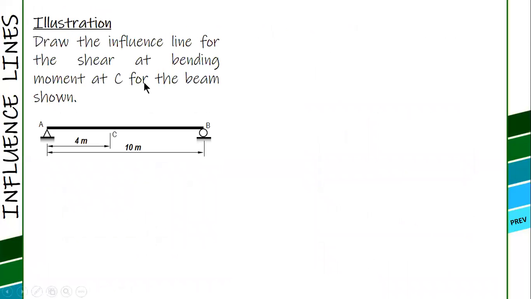Now, same problem, but this time, we are going to draw the influence line for the shear and bending moment at C for the beam shown.